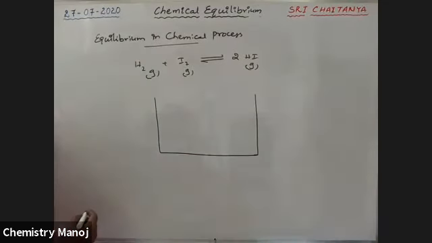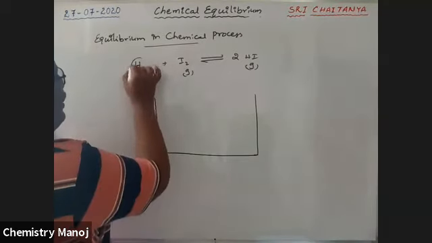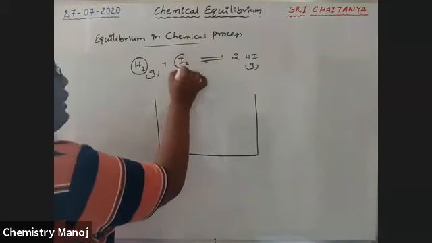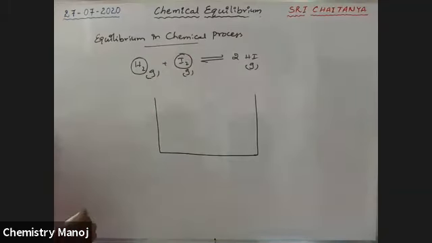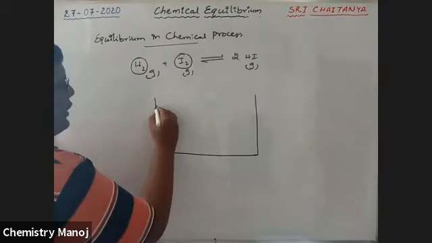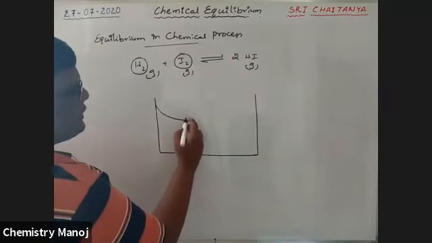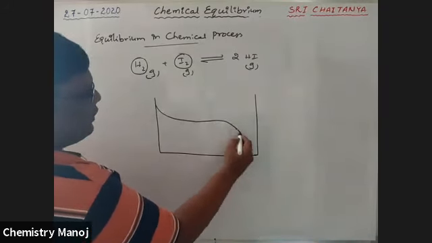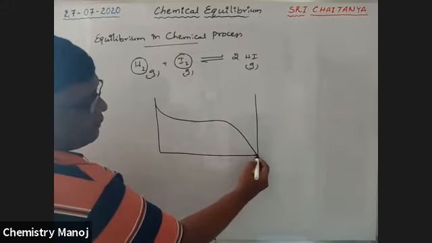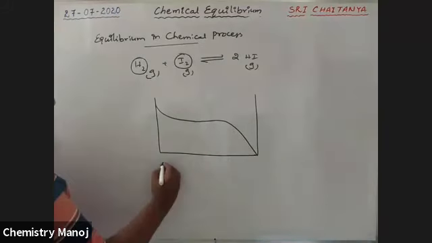See here, I'm taking hydrogen and iodine. Slowly their concentrations gradually decrease. Here is the backward direction, and this is the forward direction.